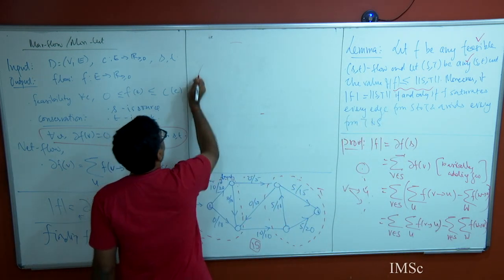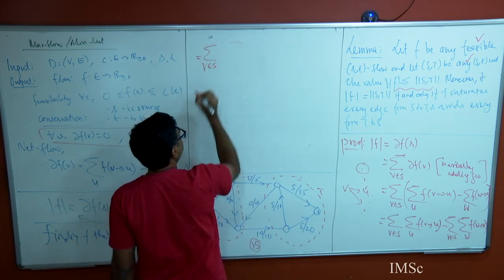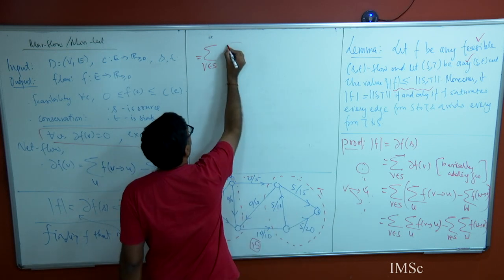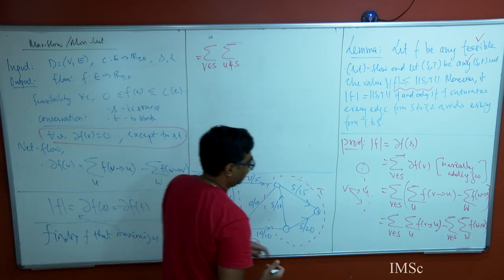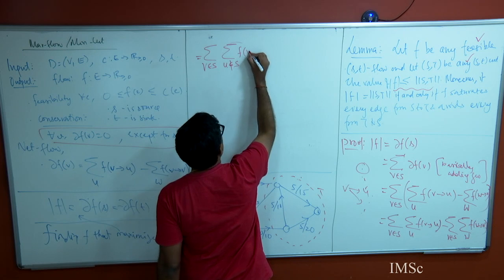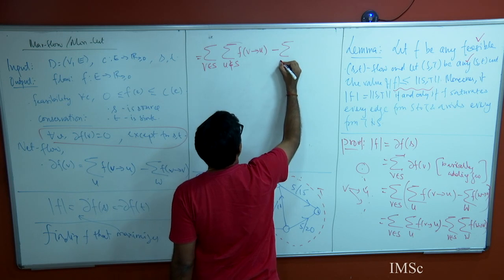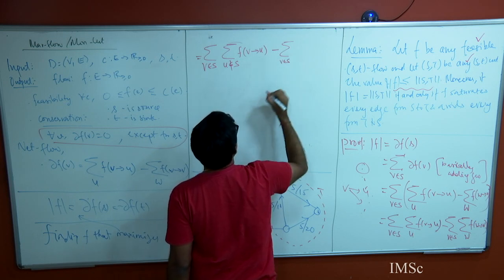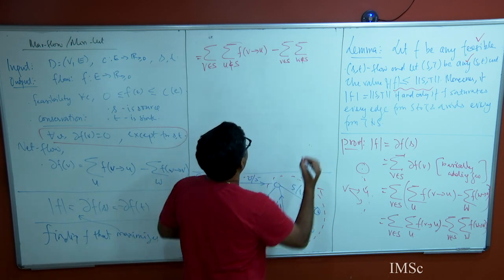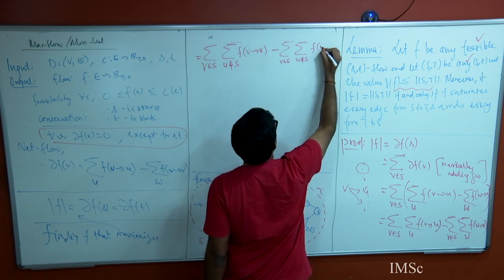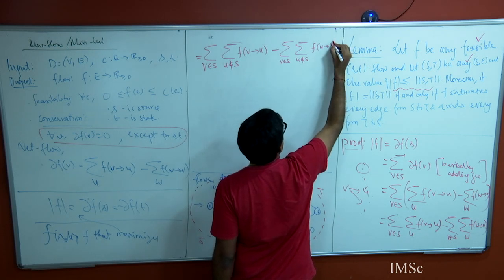So I can write down this summation, v in S, summation u not in S, this is outside, f of v u, minus summation v in S, summation w not in S, f of w u to v, right?